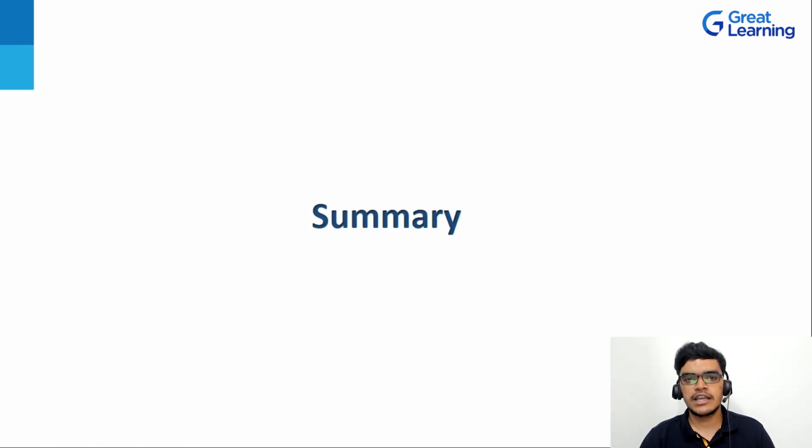So let's take a quick recap for these Python classes. We started by knowing what classes are, then we saw objects. After that, we learned the concept of constructor, that in Python we have an init method. After knowing constructors, we jumped into the inner class, which is basically a class inside a class, or you can say a nested class. Moving further, we have the concept of inheritance, which is the most important part of the object-oriented programming system.